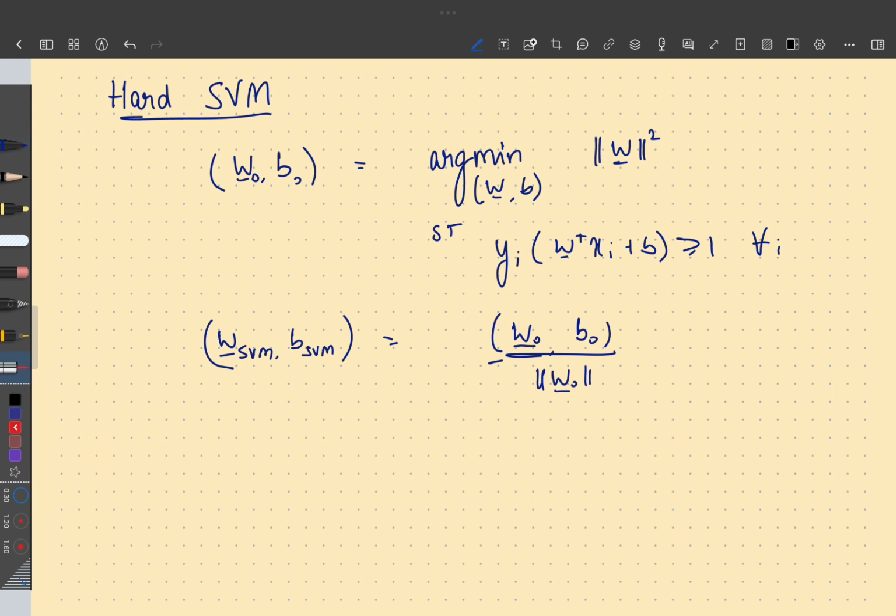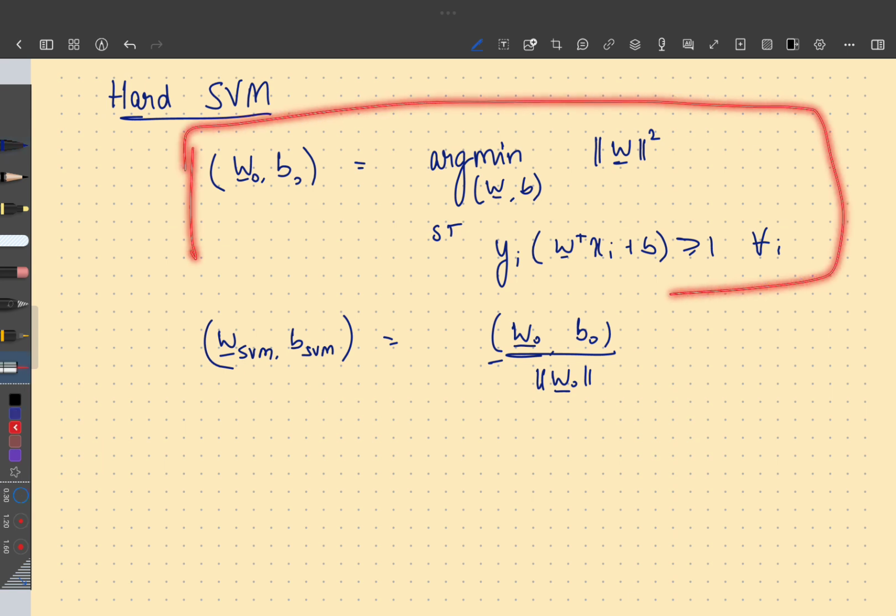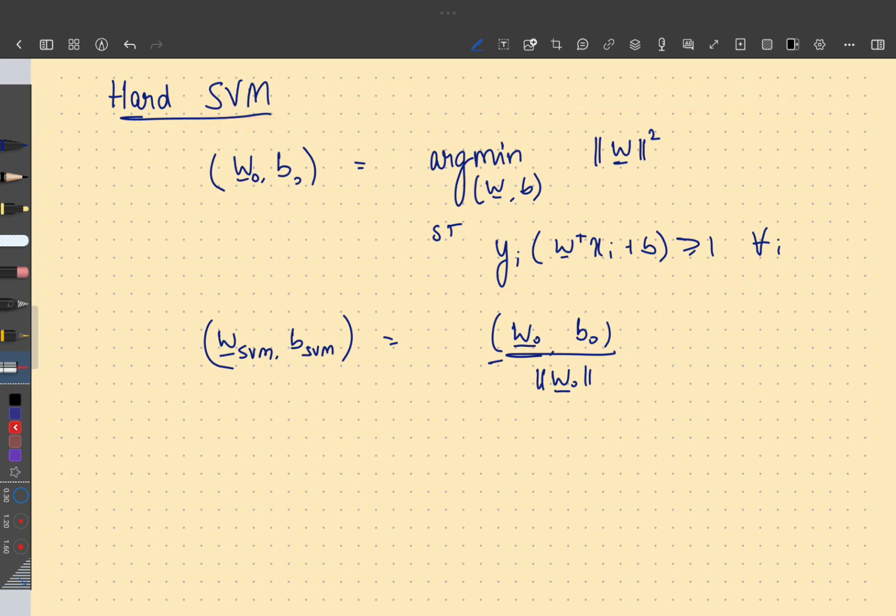So this particular optimization problem is a convex optimization problem. The objective function is a quadratic, which is a convex function, and the constraints are all linear.